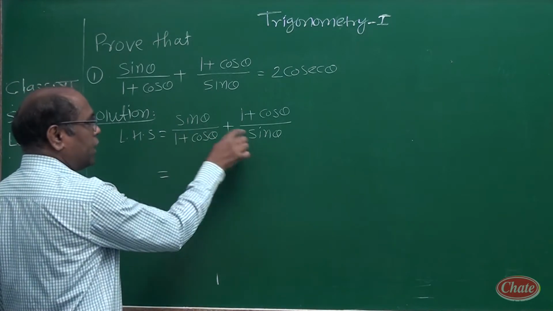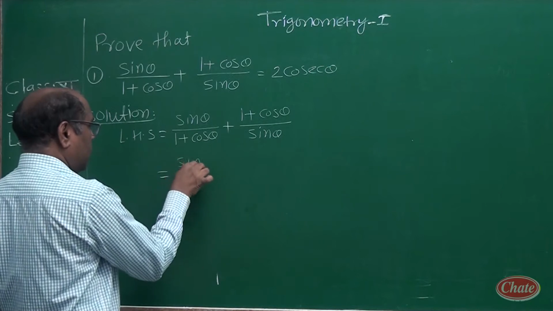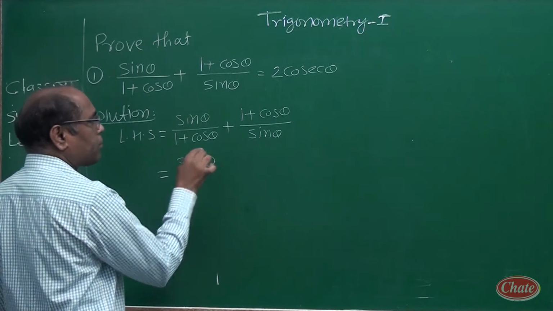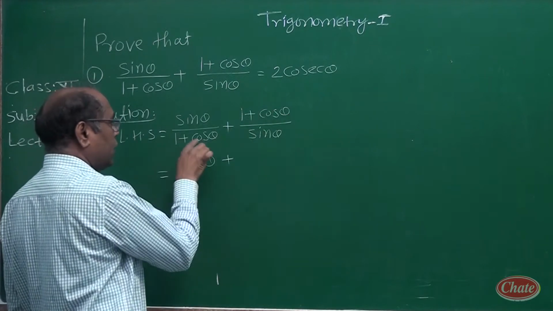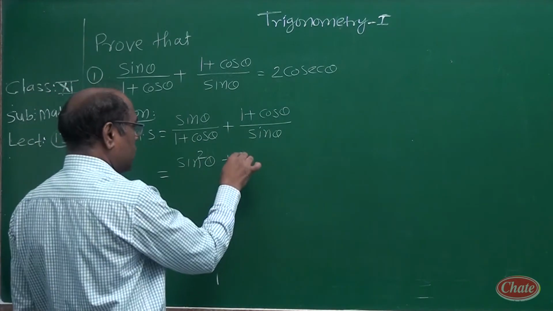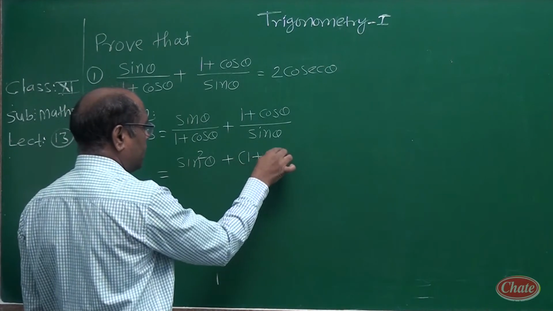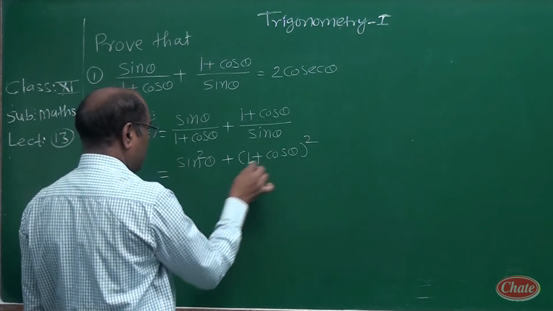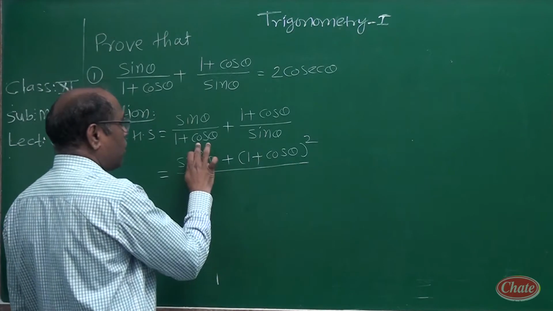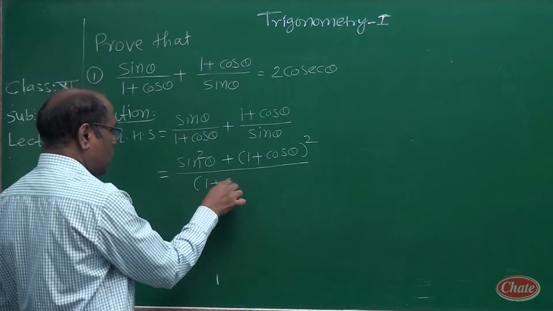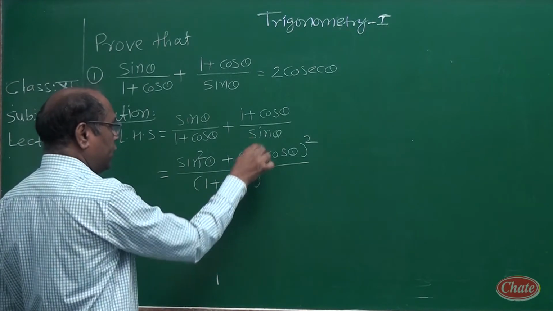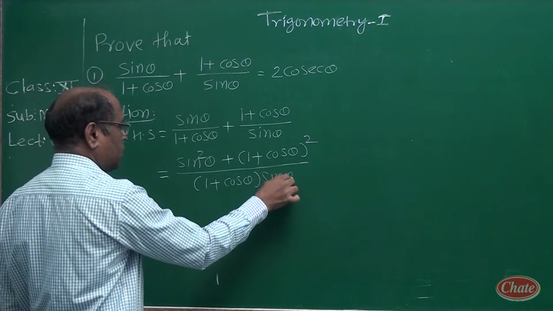Sin theta into sin theta, that will be sin square theta, plus 1 plus cos theta into 1 plus cos theta, that is 1 plus cos theta bracket square, divided by the product of the denominators, that is 1 plus cos theta into sin theta.